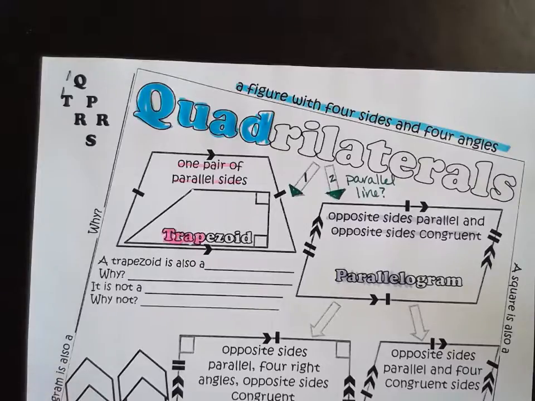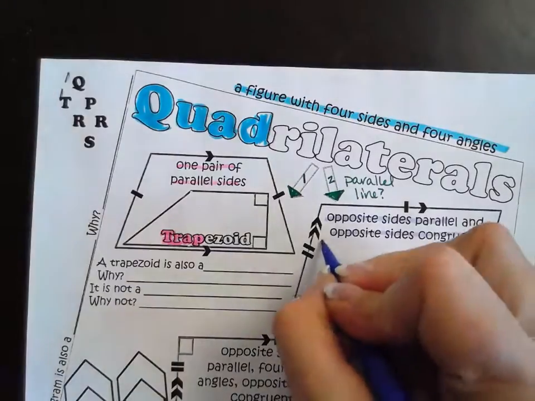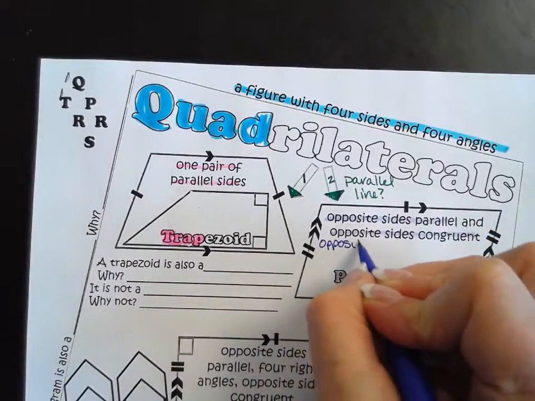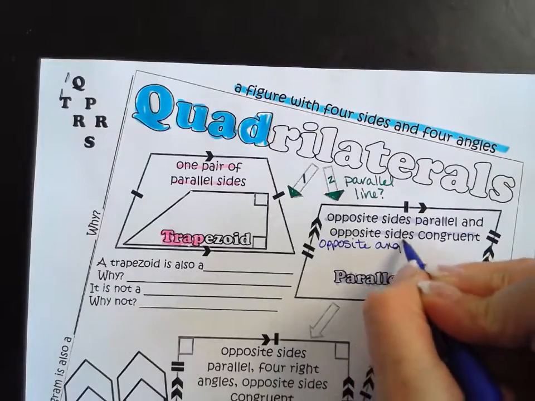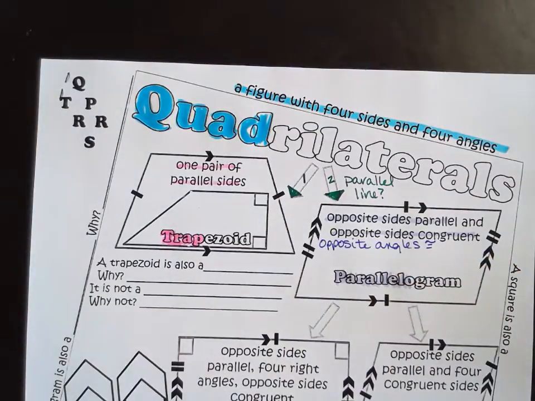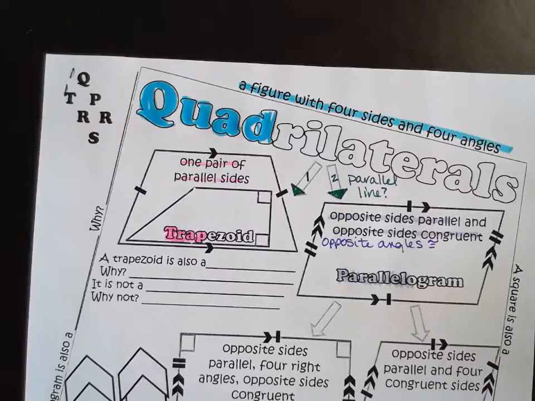What else do you know about parallelograms? What other properties do you know? No, they do not have all right angles. Opposite angles are congruent. I like that one. What else do we know about them?